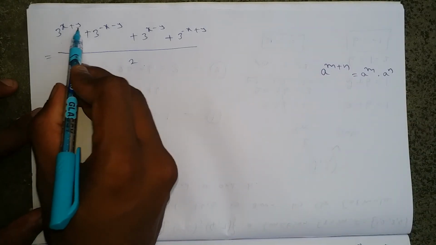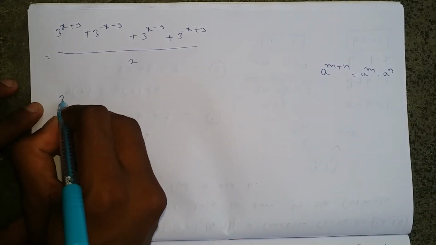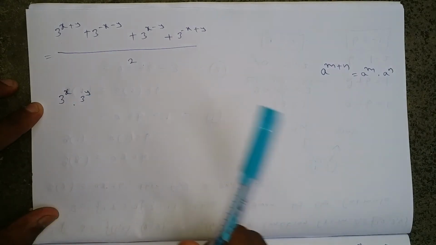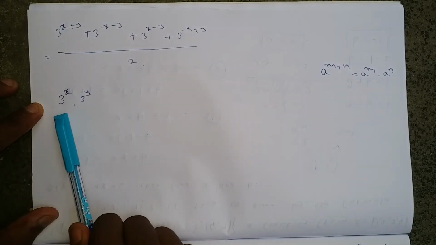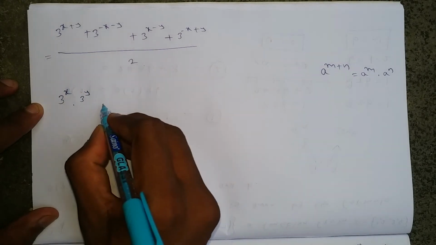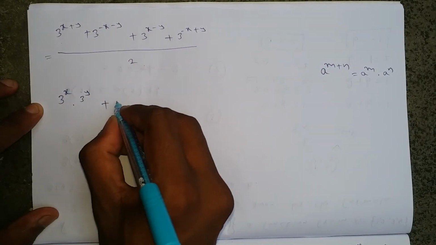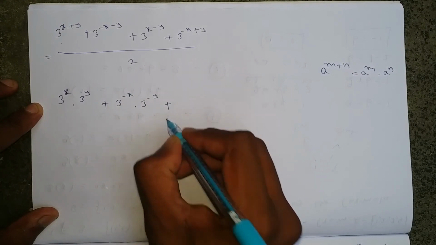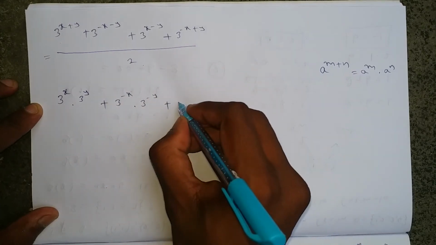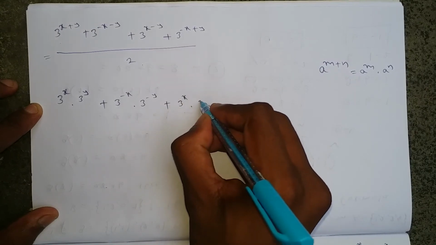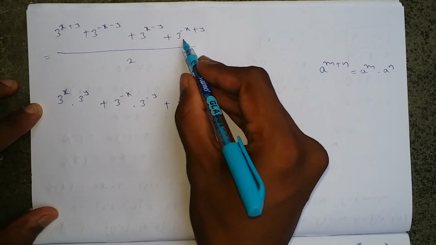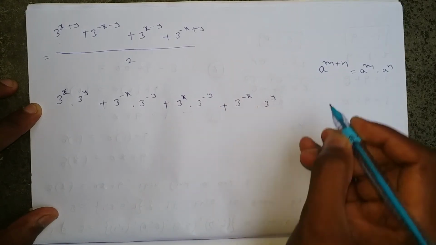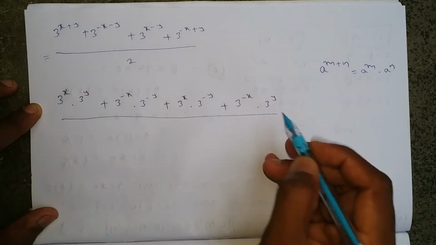So 3 power x plus y can be written as 3 power x into 3 power y. I am writing it as a power m, plus 3 power minus x minus y, 3 power minus x into 3 power minus y, plus 3 power x minus y, 3 power x into 3 power minus y, plus 3 power minus x plus y, 3 power minus x into 3 power plus y whole divided by 2.